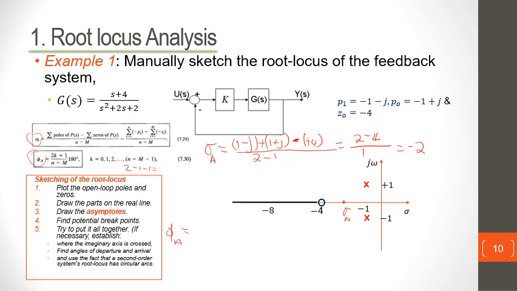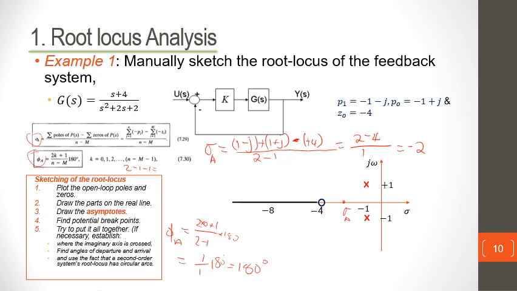It means we only have one calculation of an asymptote, and the angle here will just be, we substitute the k of 0, 2 times 0 plus 1 divided by 2 minus 1 times 180, and then this gives us 1 over 1 times 180 degrees, which is basically 180 degrees.